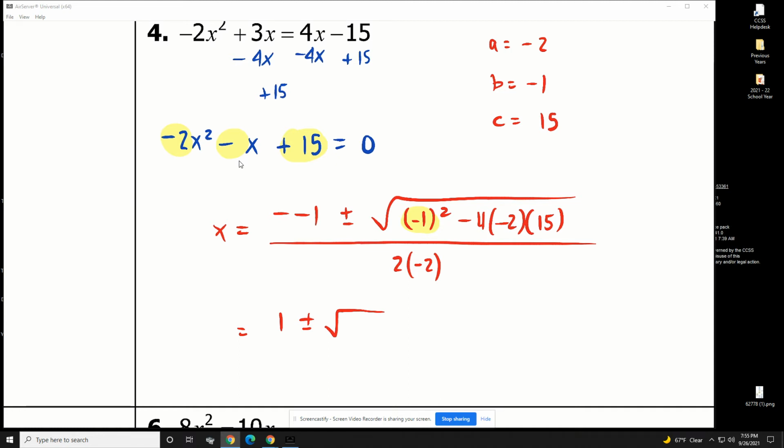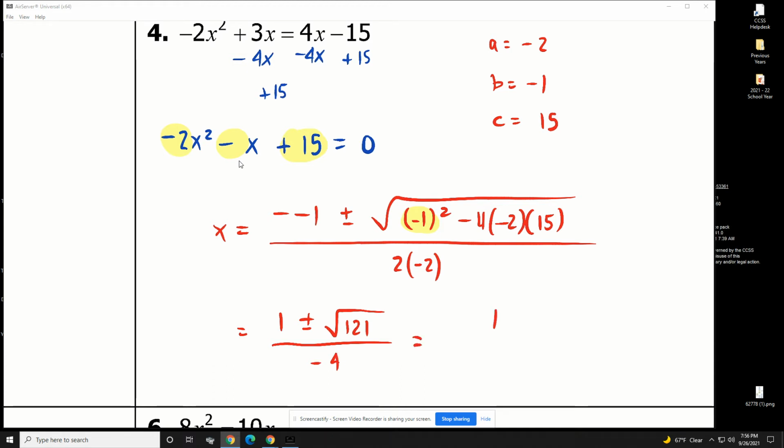So in your calculator, type in open parentheses, negative 1, close parentheses, squared, minus 4 times negative 2 times 15. And you get 121. And all of this is over 2 times negative 2, which is negative 4.